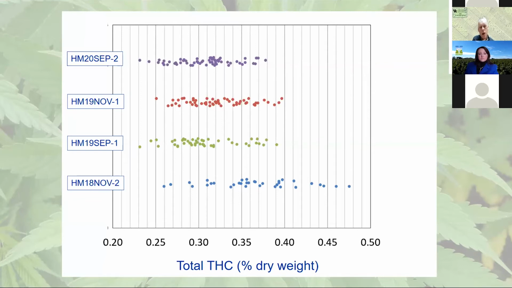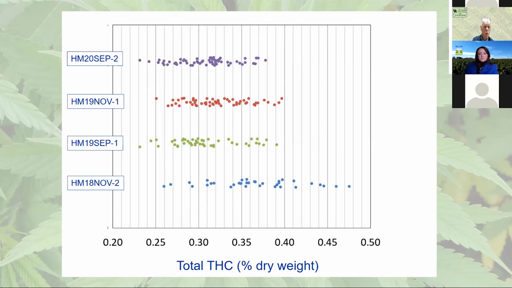I also forgot to mention for this slide that the data points you're seeing here are just the compliant test results from the laboratories. These are results that labs would say were within the norm of all the other laboratory results. So in 2018, we were observing quite a big variation in sample results for total THC.